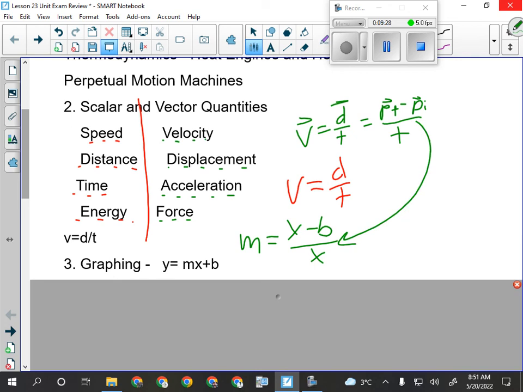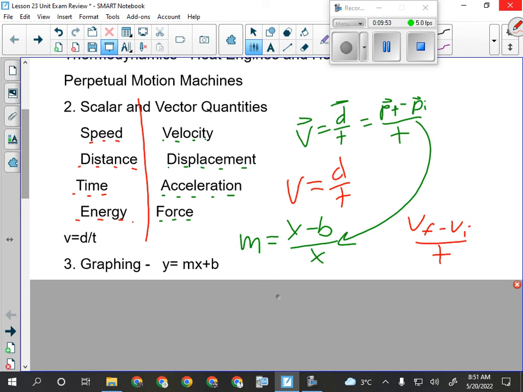On a velocity versus time graph, this same formula is now final velocity minus initial velocity divided by time, which calculates acceleration. Displacement, remember, is average velocity times time. That's the shapes, the area here.